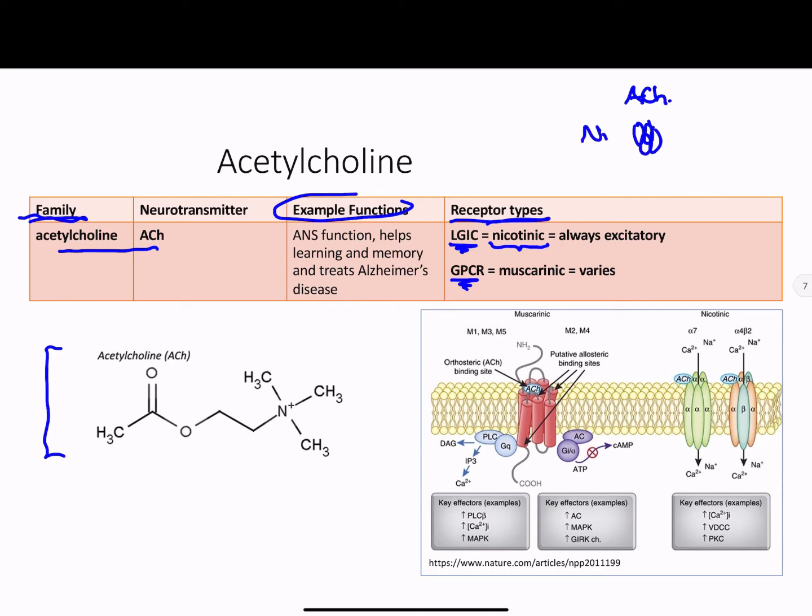If I say you have a muscarinic receptor, you know that is also activated by acetylcholine, and it's a G-protein coupled receptor. One of the things about the nicotinic receptors is that they're always excitatory.